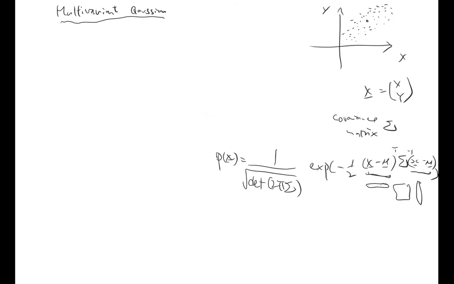You can think of the covariance matrix like this: the ij element of the covariance matrix will be the expectation of (xi minus mu i) times (xj minus mu j), something like that. Of course, if I degenerate back to the scalar case, then this will be just equal to the variance, right? I and j are the same, and then it will be just the variance.